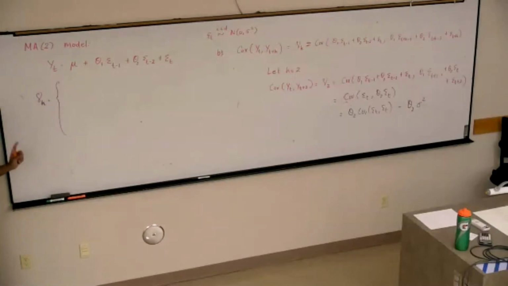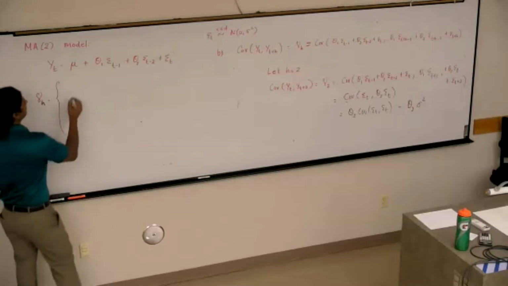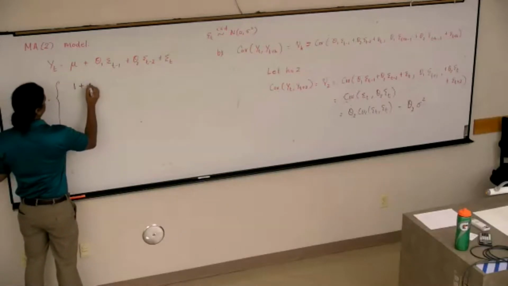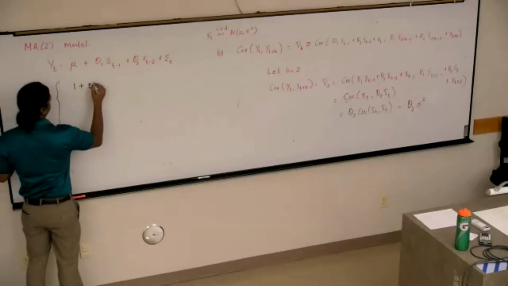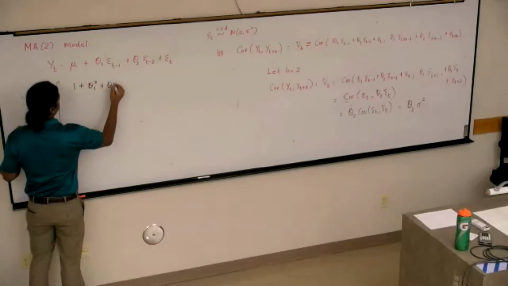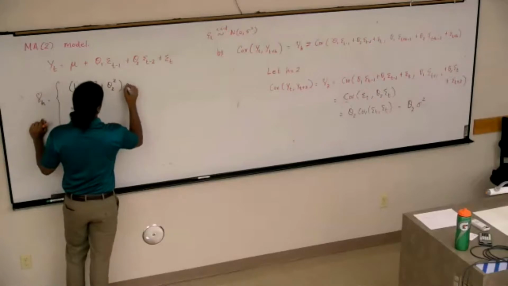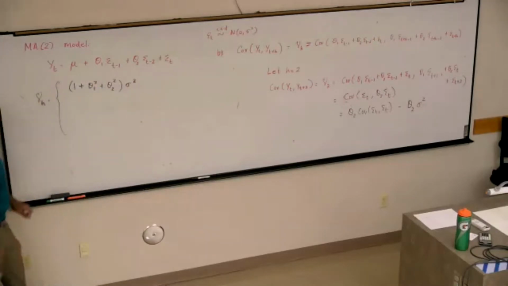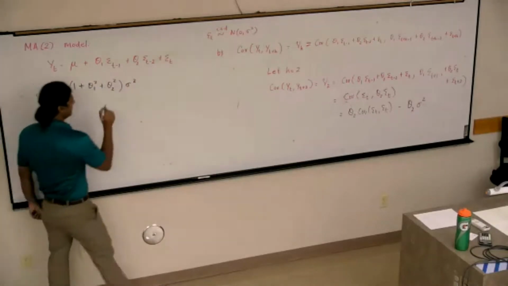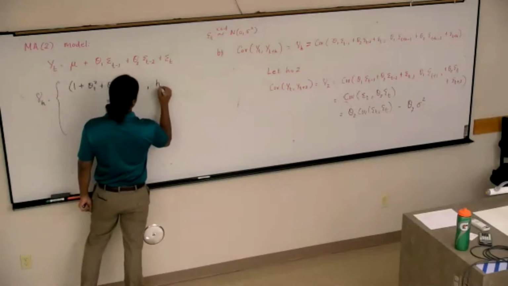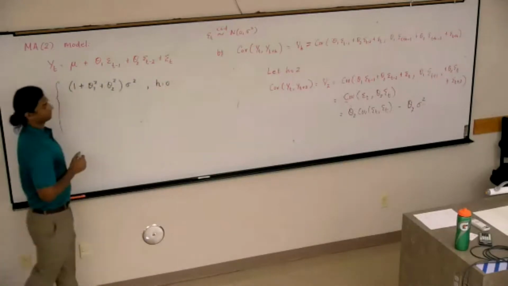So our covariance function is defined to be 1 plus theta 1 squared plus theta 2 squared, multiplied by sigma squared, and that is when h is equal to 0.